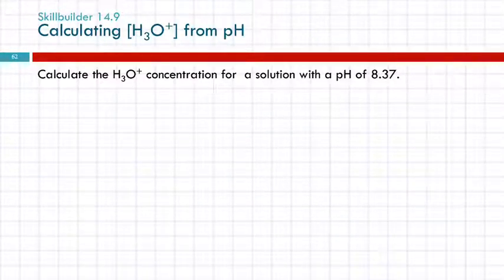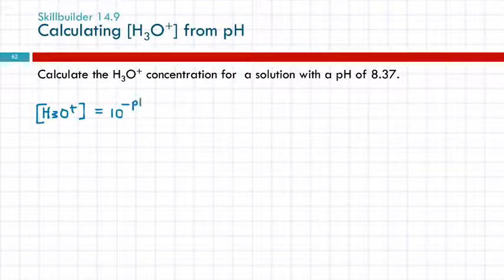So let's do this calculation. Calculate the hydronium ion concentration for a solution with a pH of 3.87. I'm going to use that equation. The hydronium ion concentration equals 10 raised to the negative pH. So that is 10 to the negative 8.37.